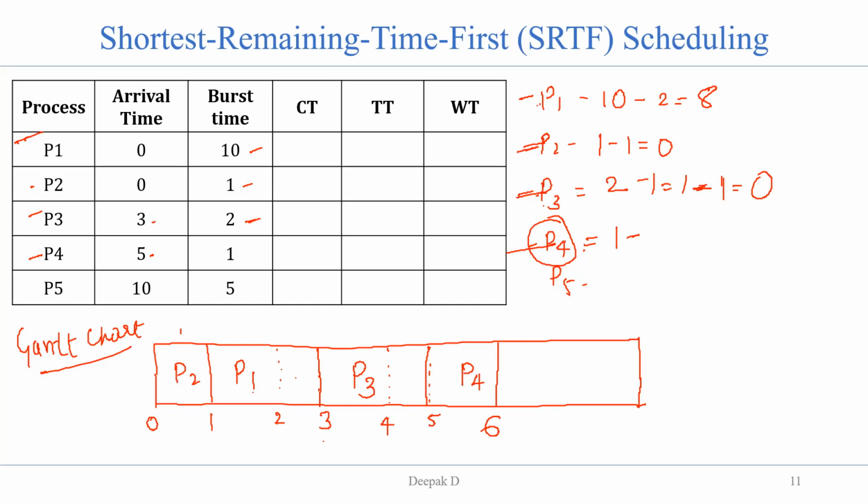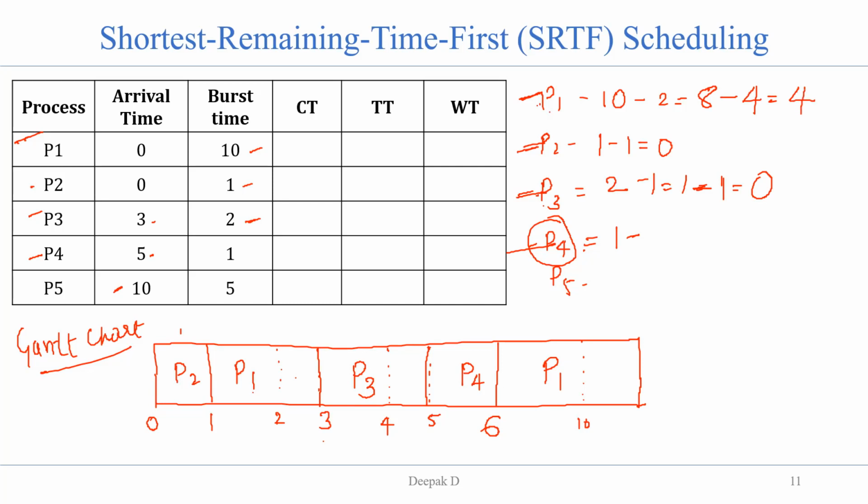The only process in the ready queue is P1. The next process will arrive at the 10th millisecond. Until then, P1 can execute for 4 milliseconds. So P1 is executed for 4 milliseconds, that is up to 10 here, and the remaining is 4.